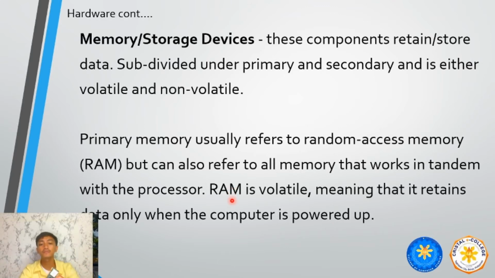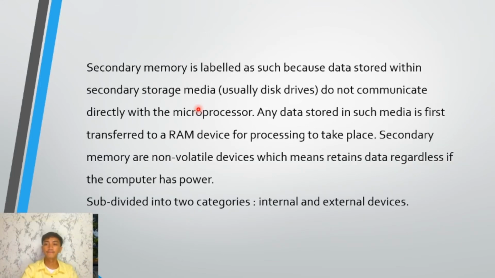If the computer is powered up, this memory can store data. However, if you turn off your computer, all data in your RAM is wiped out upon the next time you turn on your computer.